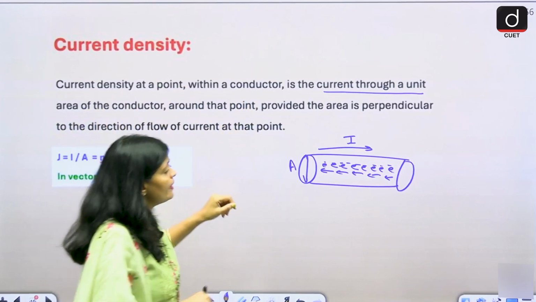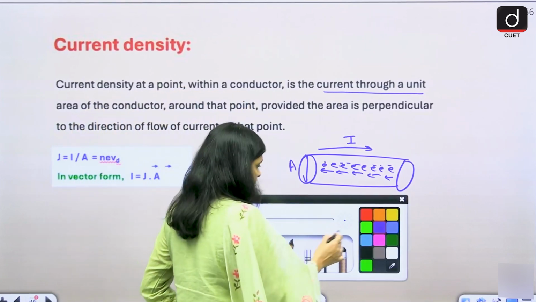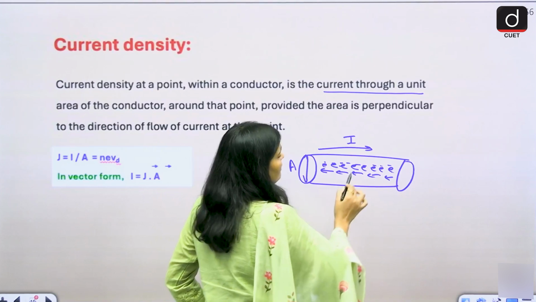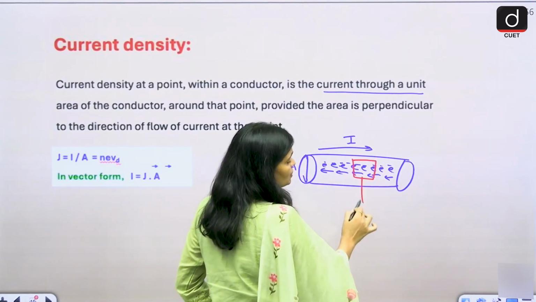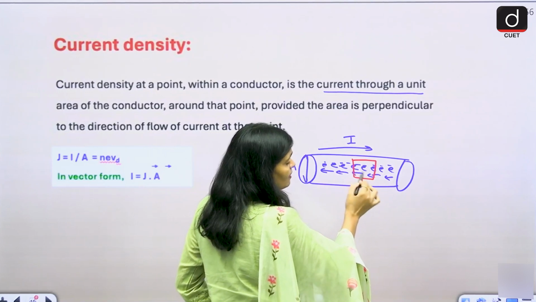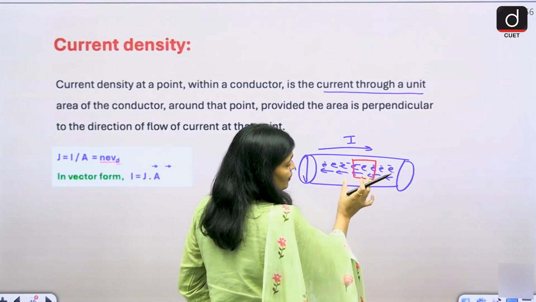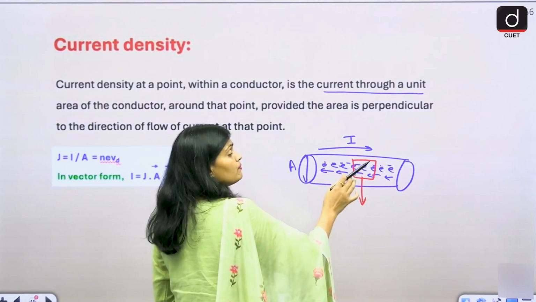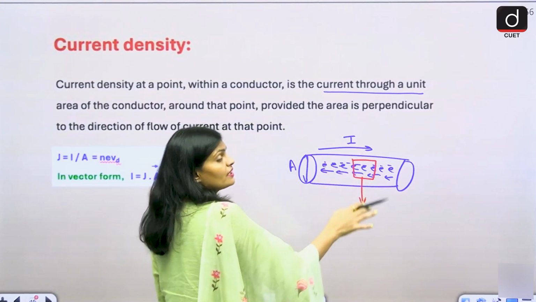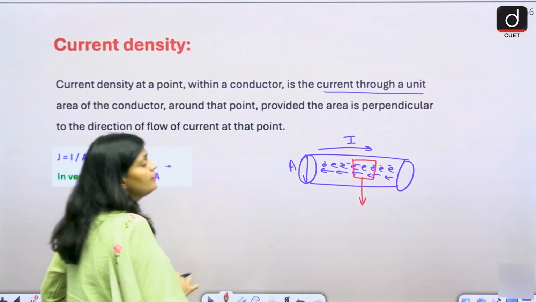Current density at a point within a conductor is the current through a unit area of a conductor around that point. Now suppose we have taken this particular area. So how many electrons are flowing in this particular area, and due to which how much current is generated. So this is called current density.